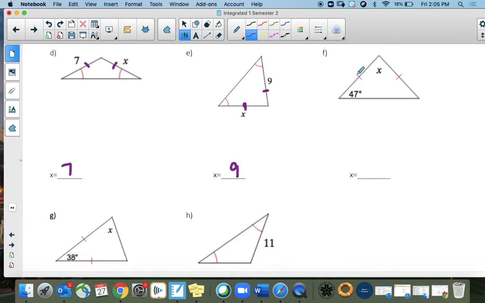Okay, find the base angle that goes with this. Here's one base angle, here's the other. We don't know what x is yet, so we know this is 47. We have to do 180 minus 47 minus 47 to finally figure out what x is. And in that case, it is 86 degrees.